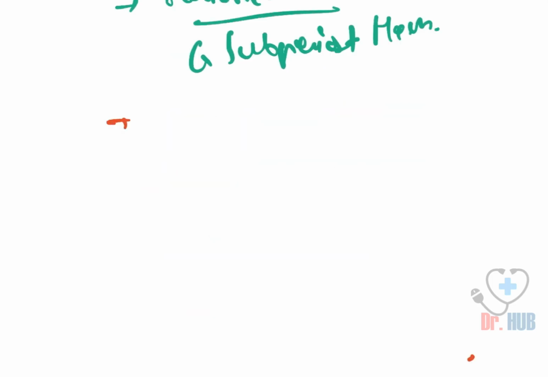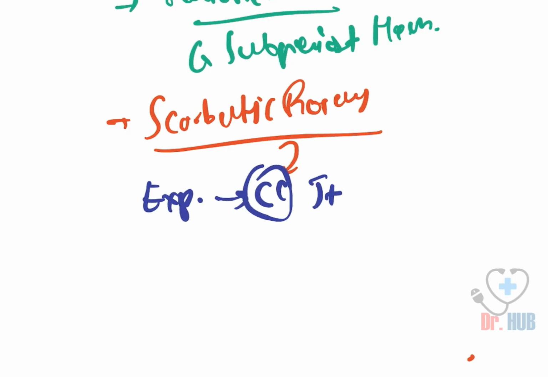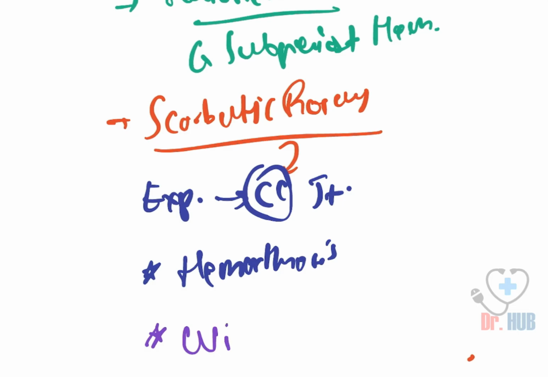Next, we see the scorbutic rosary. The scorbutic rosary is nothing but the expansion of the costochondral junction. Next, there is also hemarthrosis. Next is the presence of Wimberger's ring.